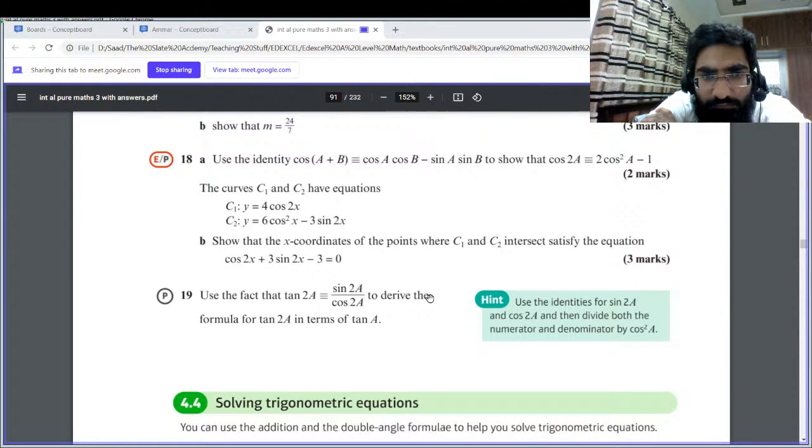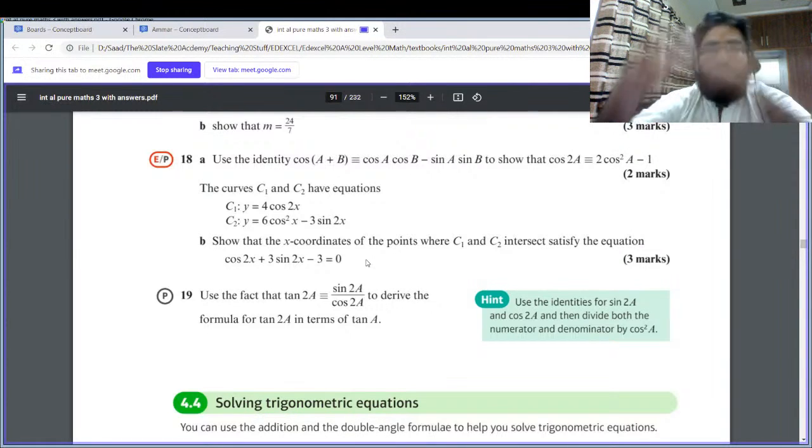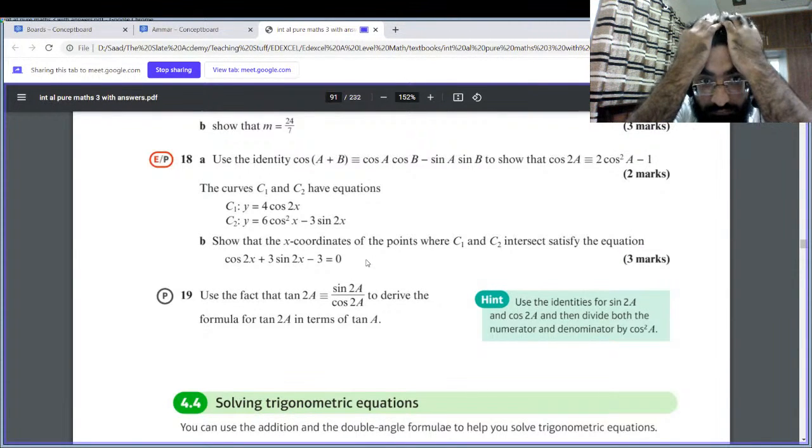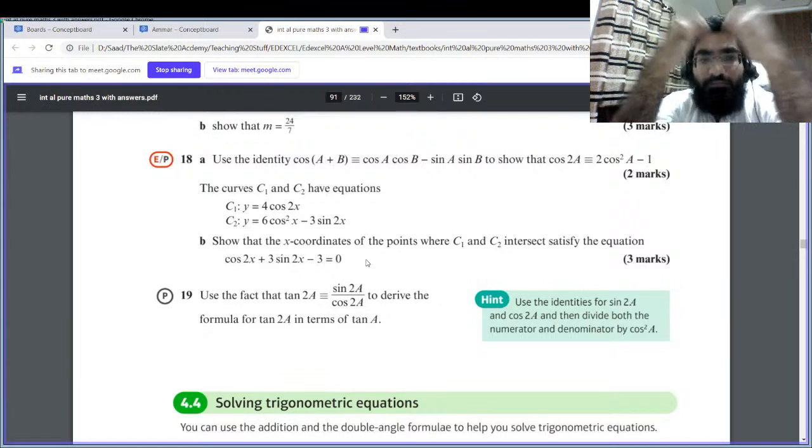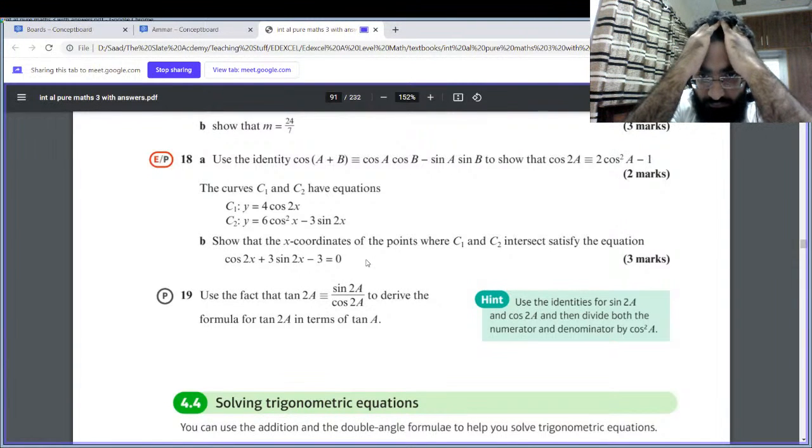The curves have equations... Show that the coordinates of the points where C1 and C2 intersect satisfy the equation. Show that the x coordinates of the points.